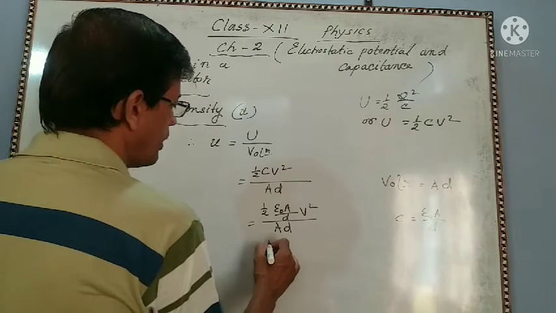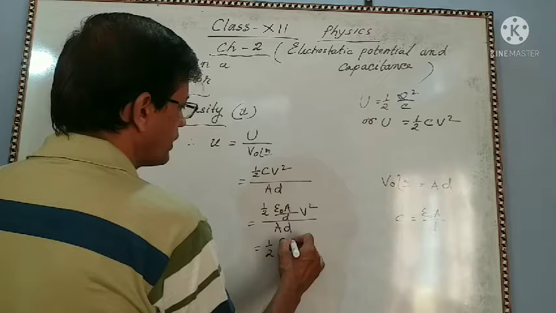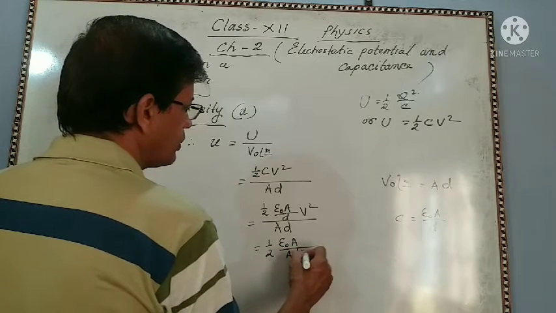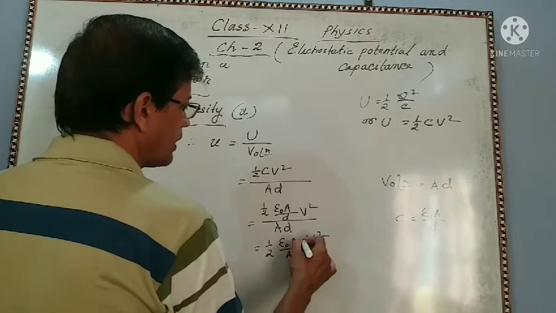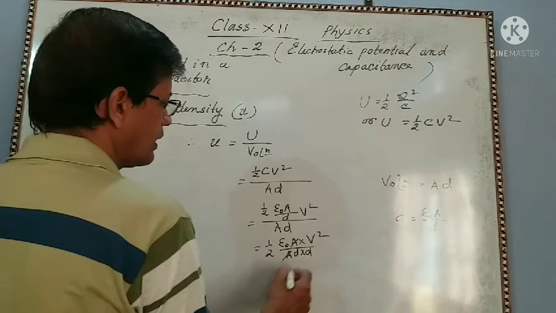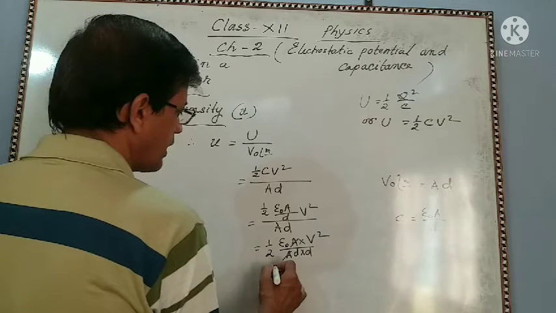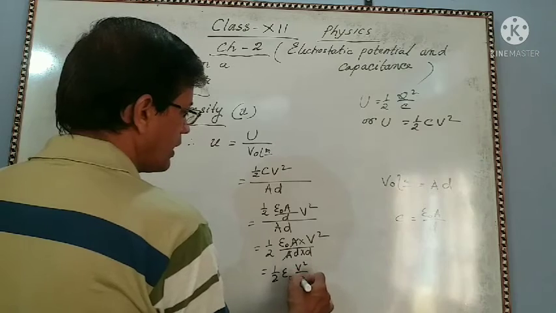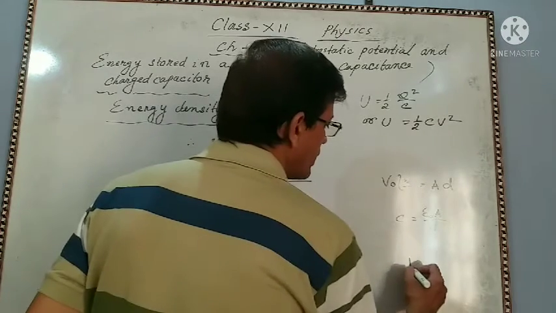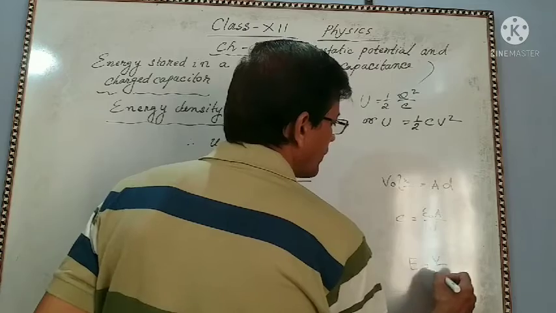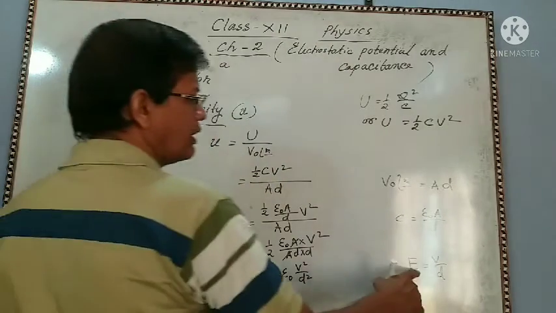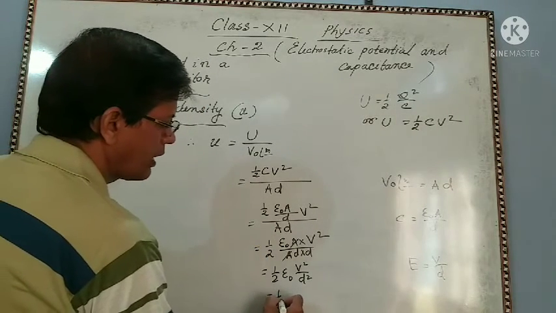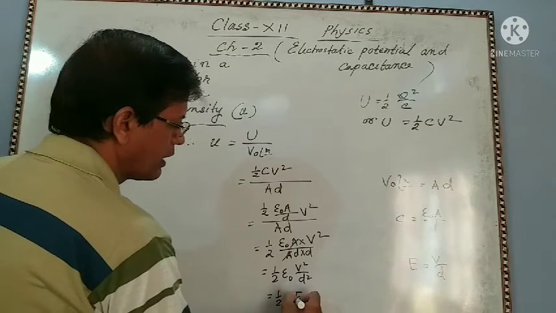So we get half epsilon naught A by D into D, into V square, and A cancels. We get half epsilon naught V square by D square. But E equal to V by D, so E square equal to V square by D square. So V square by D square means E square, and u equal to half epsilon naught E square.